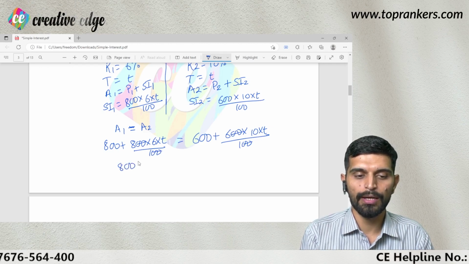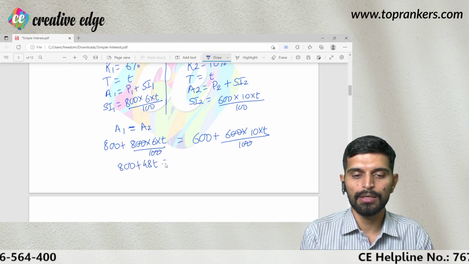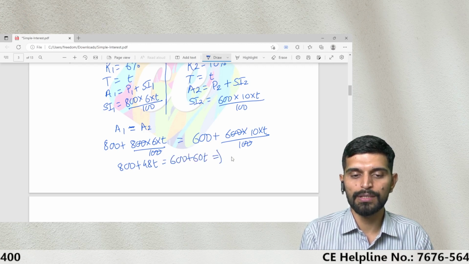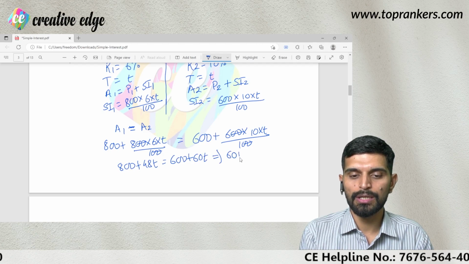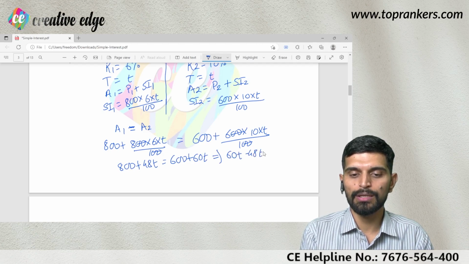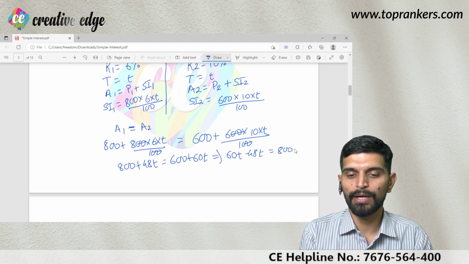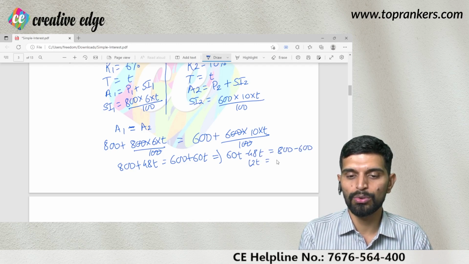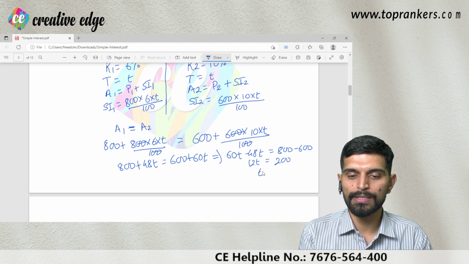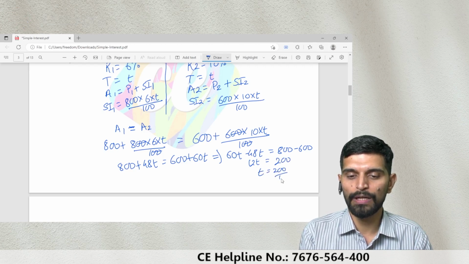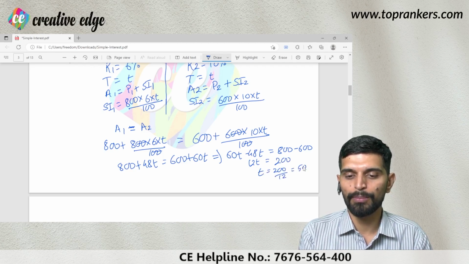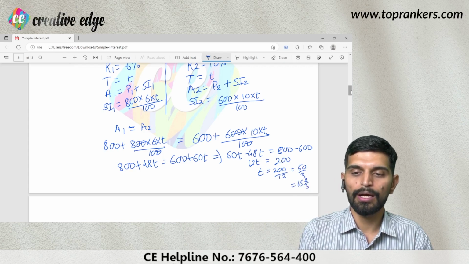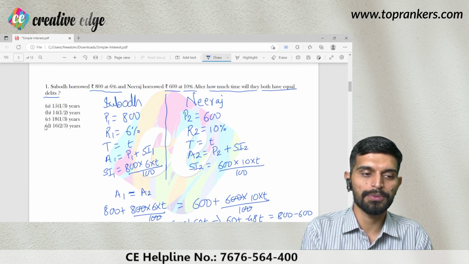So this is 800 plus 48T is equal to 600 plus 60T. So that gives us 60T minus 48T is equal to 800 minus 600. So this is 12T is equal to 200, or T is equal to 200 upon 12, which is 50 upon 3, which is 16 2 by 3, and that matches with option D.